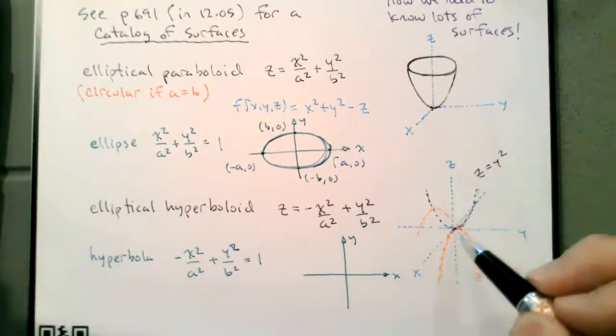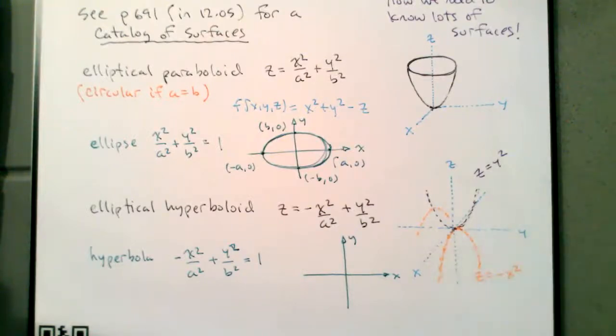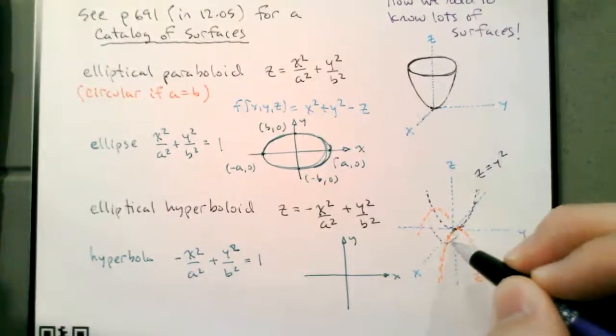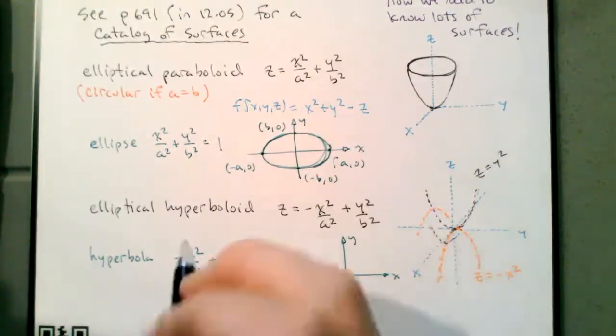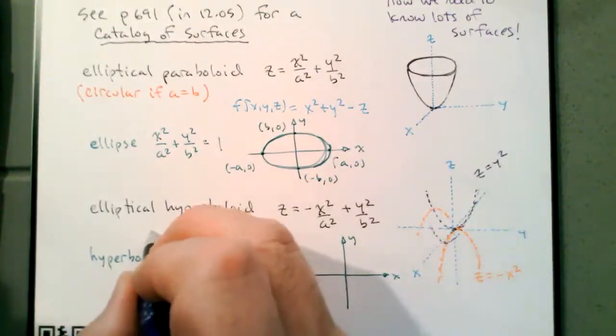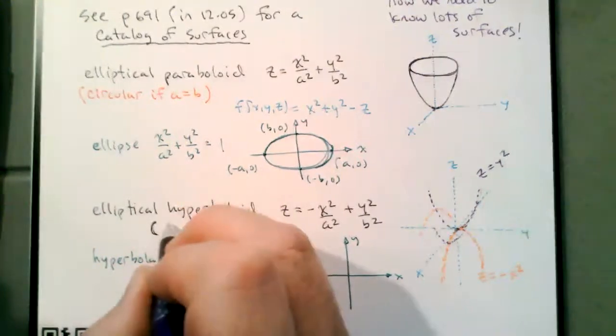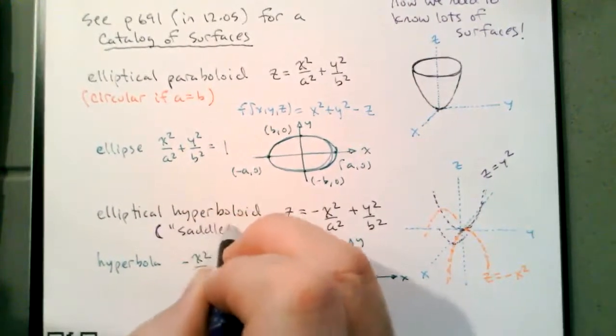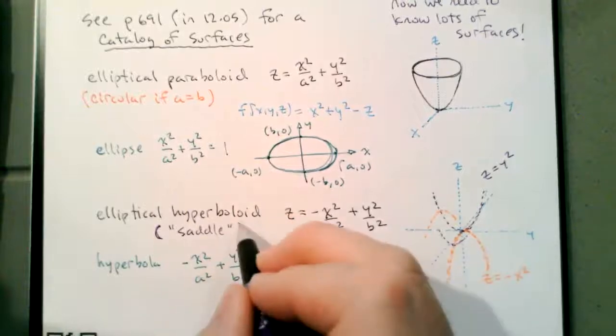And also at each of these points on this parabola going down, there's going to be another parabola going up. So what this looks like is a saddle. Sort of.